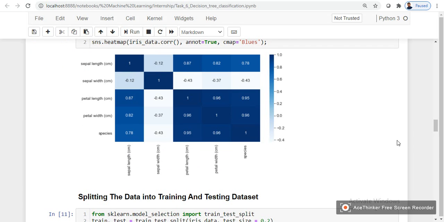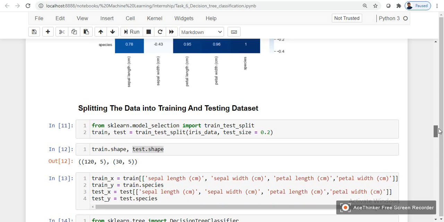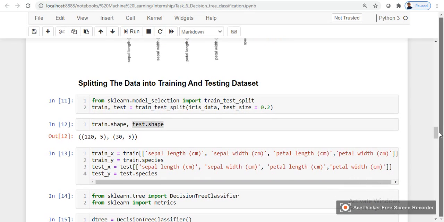Here we can see that petal length and petal width are closely, positively correlated, and the sepal width and sepal length are not that much correlated. Now we are splitting the dataset for feeding into the algorithm. The train set has the shape 120,5 and the test set has the shape 30,5.